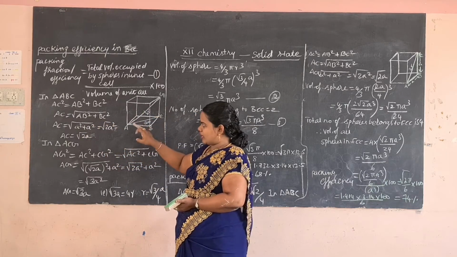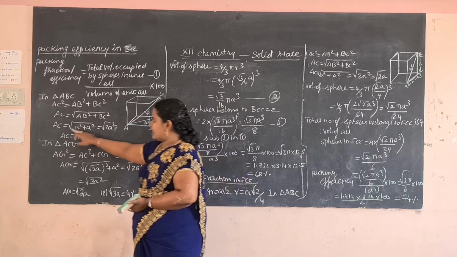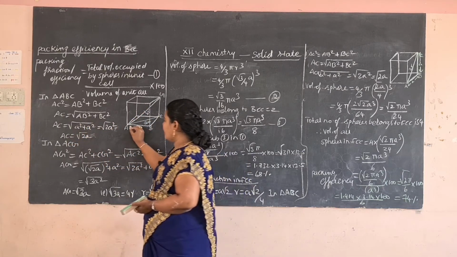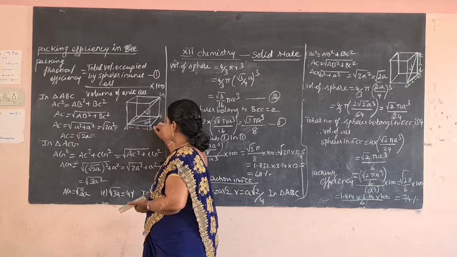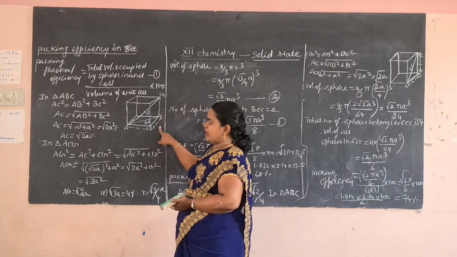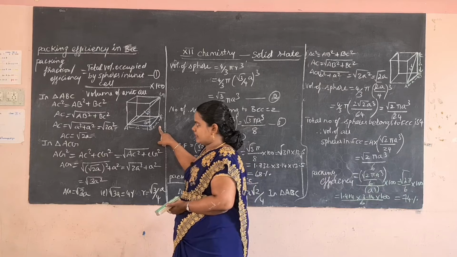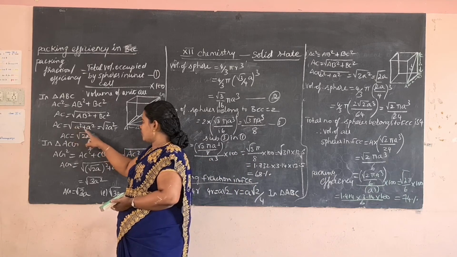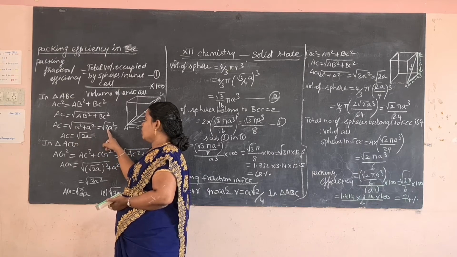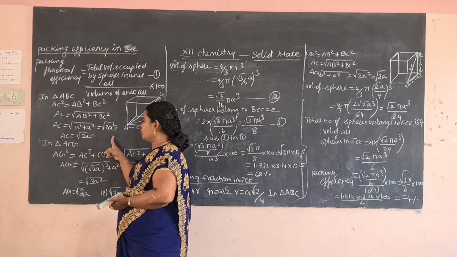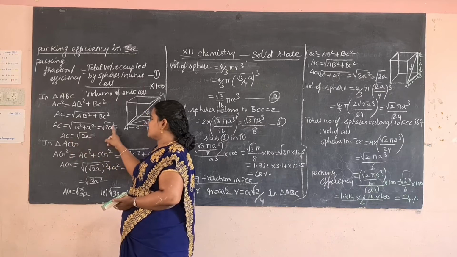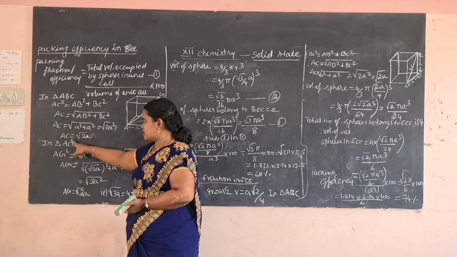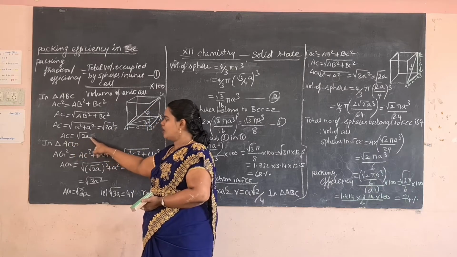Substitute for AB, which is equal to a. So it becomes root of a squared plus a squared, which is root 2 a squared. When you cancel the root with the square, you get AC is equal to root 2 a.